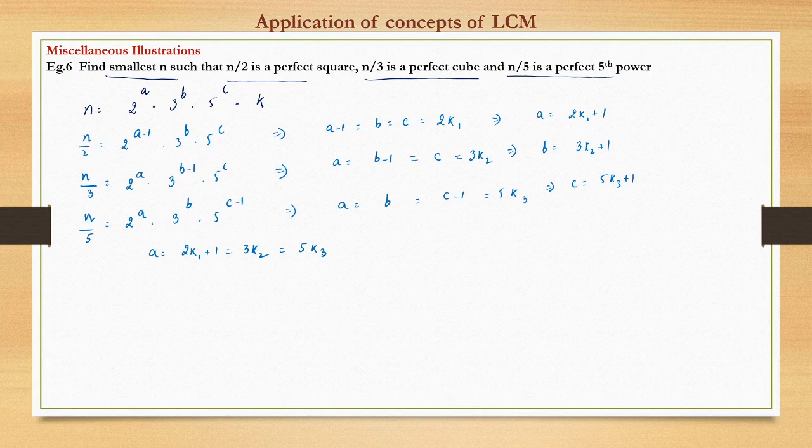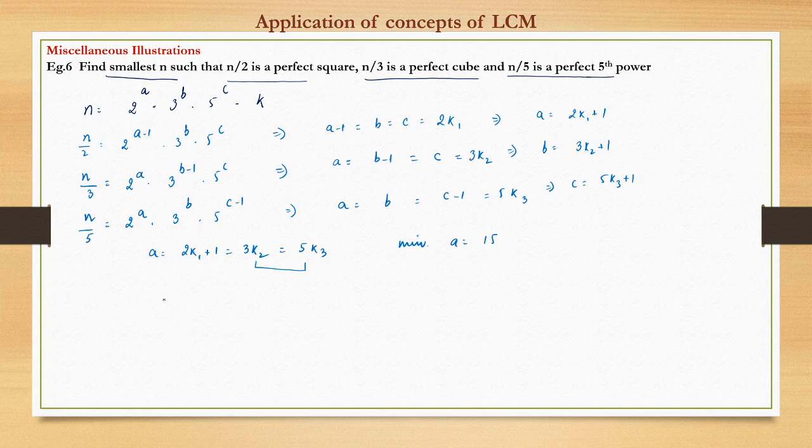So what could be the minimum value of a? Either we can solve the equations individually by taking pairs, or if you just look at this pair, 3k2 is equal to 5k3, the smallest number could be 15. 15 is the smallest number which is a multiple of 3 and also a multiple of 5. So minimum a has to be 15.